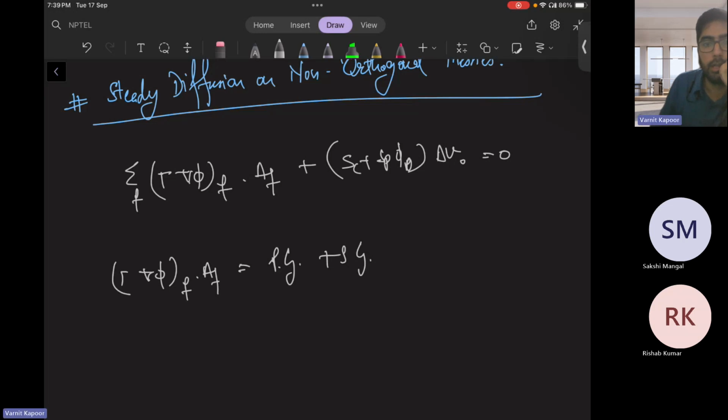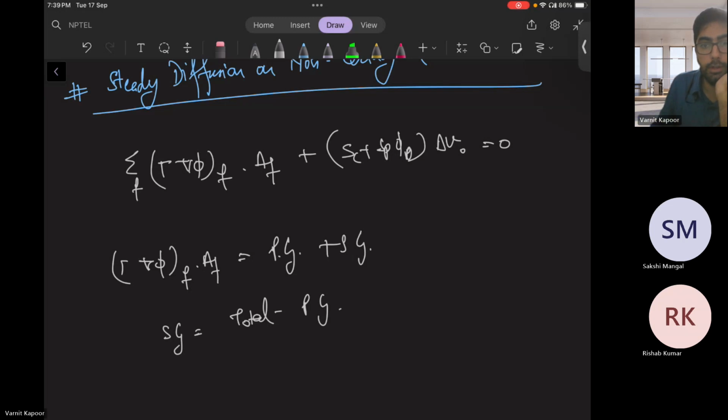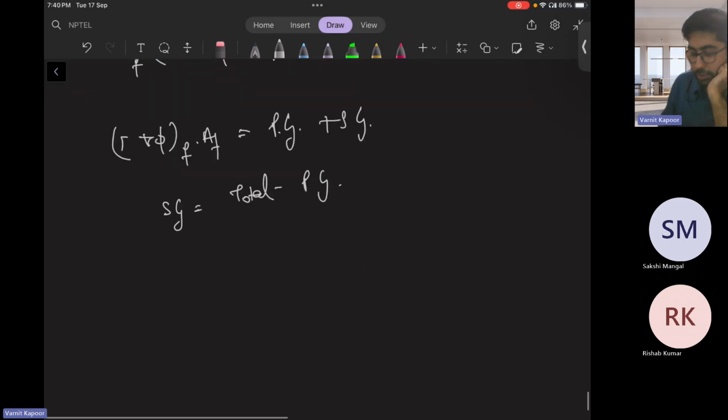A question came up: how will you calculate the grad of that? Secondary gradient can be written as total minus primary gradient. We know the equation in terms of grad of phi.